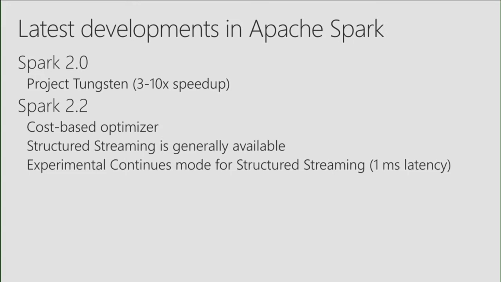And one important feature that is now available in Spark is a new continuous mode of processing real-time events, and that allows it to achieve very low latency of real-time event processing, something that was a challenge from competing projects such as Flink.